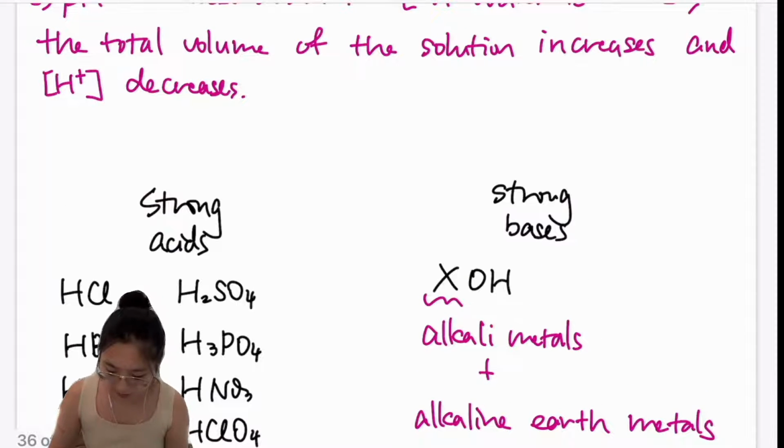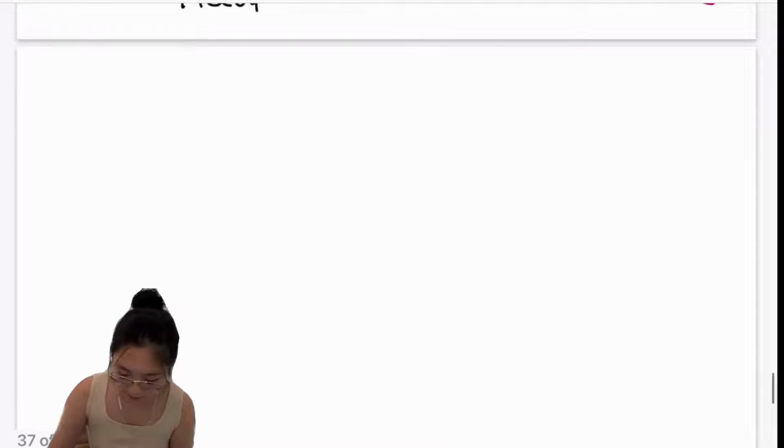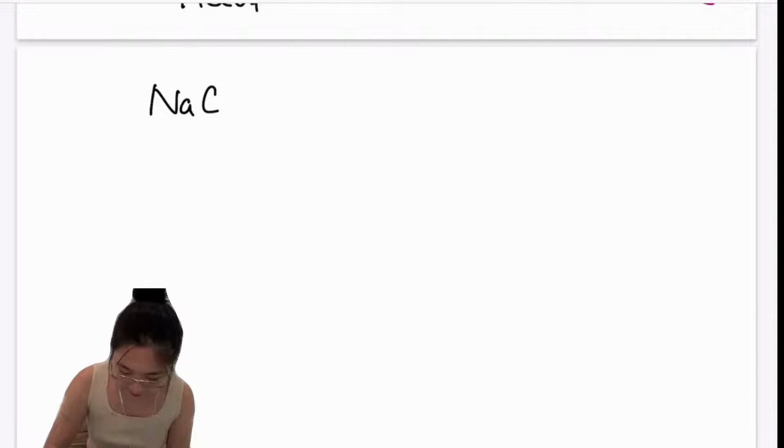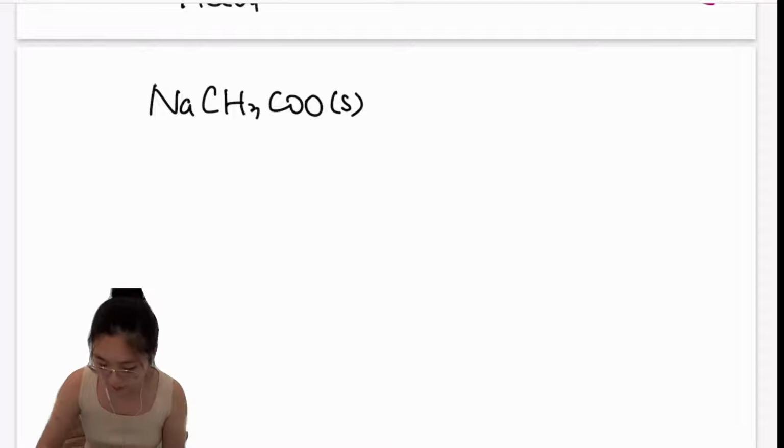And I guess what's kind of tricky is when you see an ionic compound, for example sodium acetate, and then let's say this solid is dissolved in water, and is the solution acidic or basic?